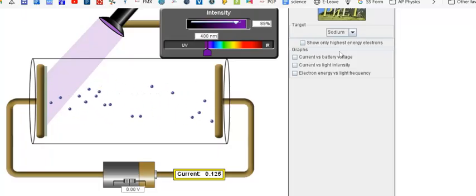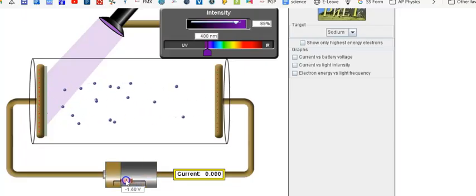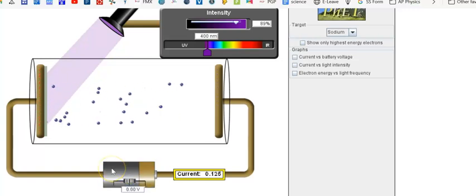So if I slowly adjust this and make this plate more and more negative, that's making the electrons go slower, and I can cause them to stop. You may notice there's a current in here, and I'm adjusting it so that the current becomes basically zero.